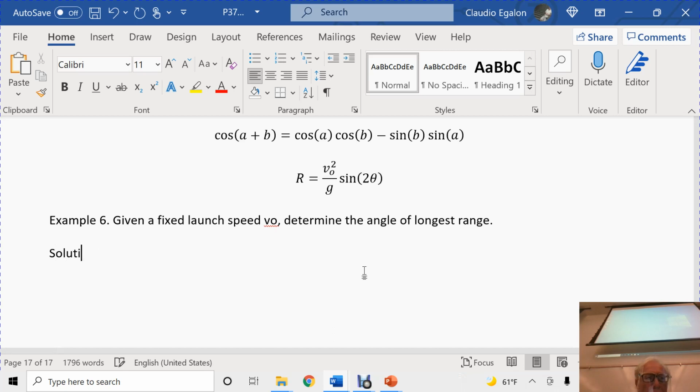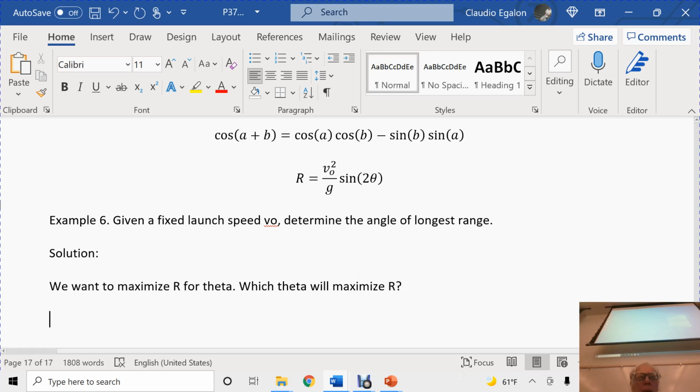Solution. We want to maximize R for theta. In other words, which theta will maximize R? That's what we are asking here.